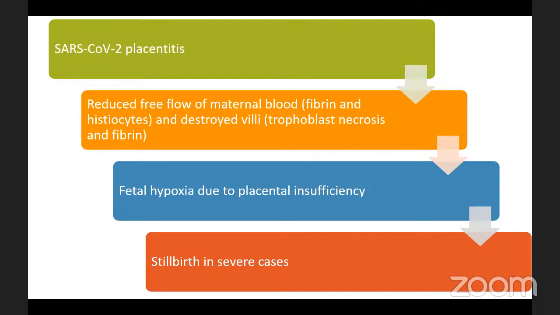So they're being essentially choked off from the oxygen gradient. And then there was actually trophoblast necrosis. So now even the trophoblasts that were there as a barrier and helped with transmembrane perfusion weren't working anymore. And ultimately, you would end up with massive fetal hypoxia due to placental insufficiency and, in severe cases, stillbirth.